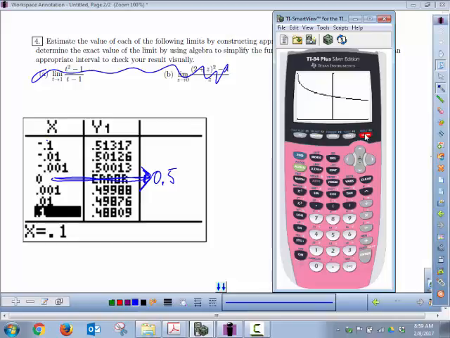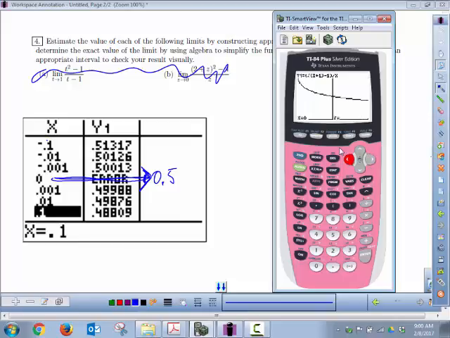Okay, so we could zoom out also or zoom in to take a look. And remember, the key is to hit the trace button. So if I trace around, let's try putting in one of the numbers that we actually had, like negative 0.01. So I got that 0.5, and then I'm going to right arrow a little bit to see what happens.